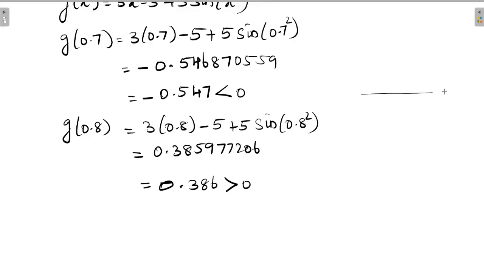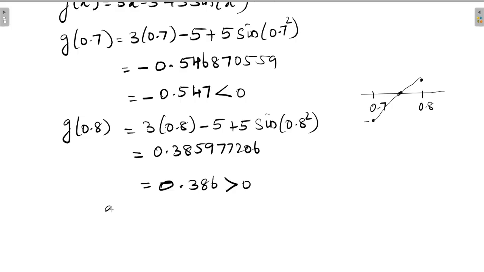Let's see. For example, this is 0.7 on the x-axis. This is 0.8 on the x-axis. So this value is approximately −0.5 and this value is positive 0.3. So the curve will definitely cross the x-axis. For one of the x values, y equals 0.